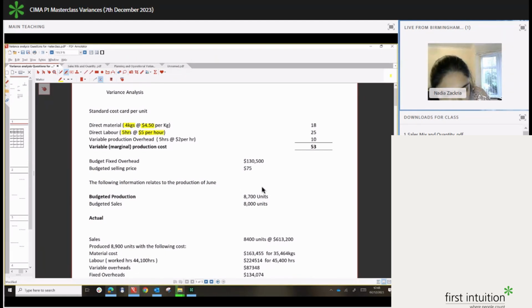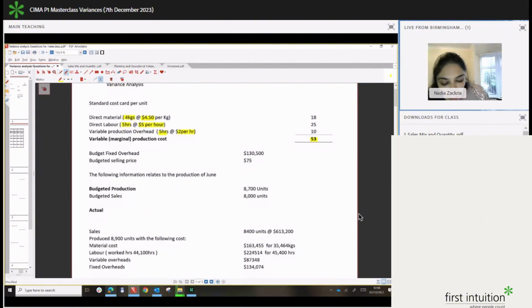Variable overheads again are based on those 5 hours, but this time we pay $2 per hour, and we've been given our variable cost of production of 53. We've been told our fixed budgeted overheads are 130,500. We've also been given our selling price of 75.